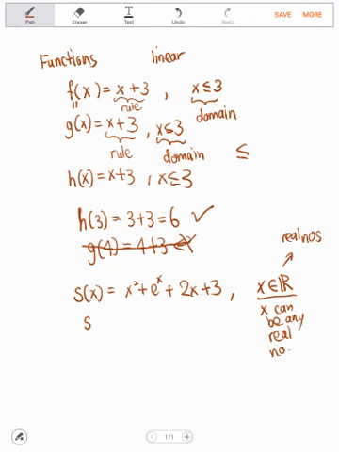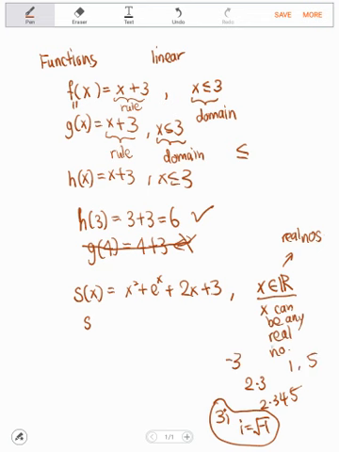I shall not delve into complex numbers now, but for real numbers, just take it that any number is a real number for now. So 2.3 is a real number, 2.345 is a real number. So what is a complex number? A complex number is something like 3i, where i equals square root of minus 1. This we'll deal with another time. But all these that we mentioned, even 1, 5, minus 3, are real numbers.